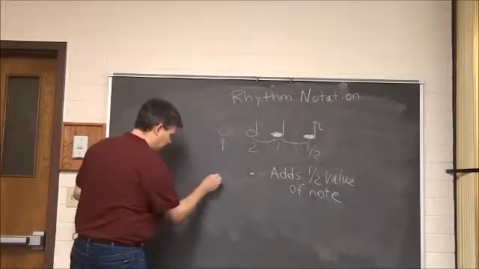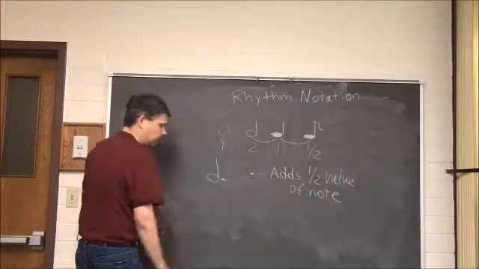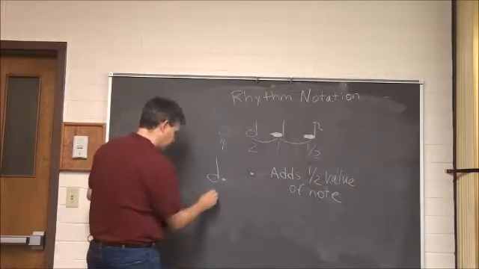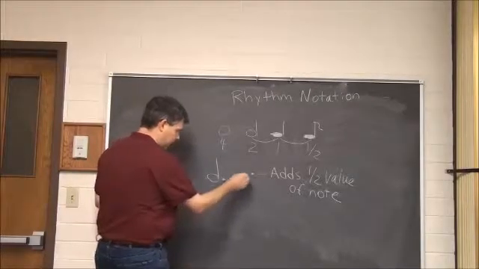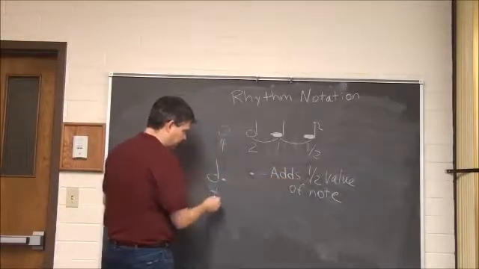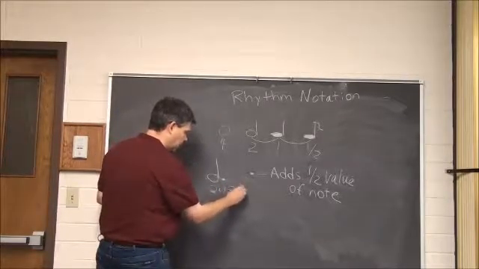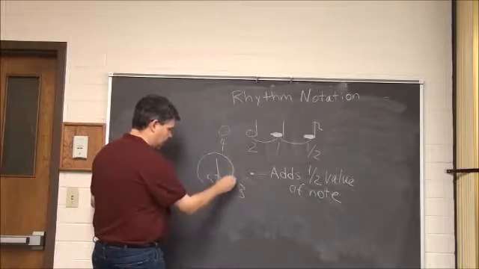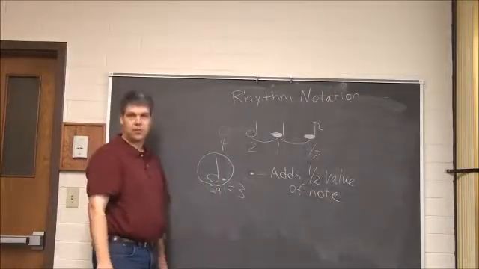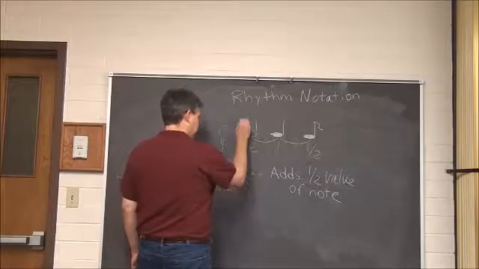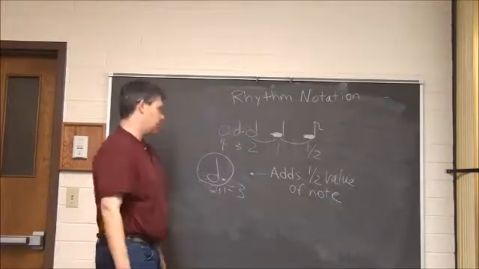So if I have a half note and I put a dot by it, my half note is going to be 2 beats most commonly. A dot adds half the value, and half of 2 is 1. So a dotted half note, which is what this is called, gets 3 beats. So now I can say, okay, in the middle here, I have a dotted half note that's 3 beats.